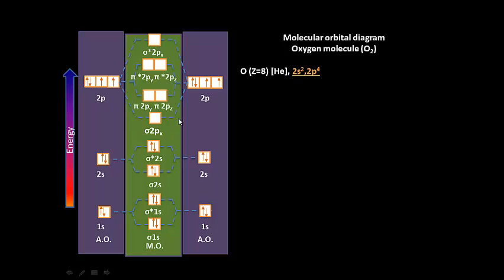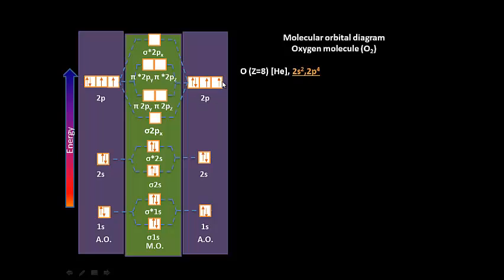When we fill sigma 2px and pi 2py, pi 2pz, which are equal in energy, we need to first fill sigma 2px with 2p electrons, and then pi 2py and pi 2pz with the remaining 2p electrons. So in total there are 8 electrons in the two 2p orbitals of the oxygen atoms.